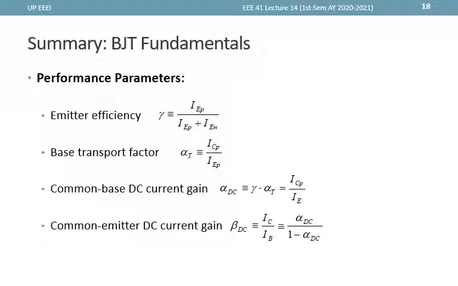So lastly, we have introduced the performance parameters: the emitter efficiency gamma, the base transport factor alpha T, the common base DC current gain alpha DC, and the common emitter DC current gain beta DC. And that's it for this lecture. Thank you very much.